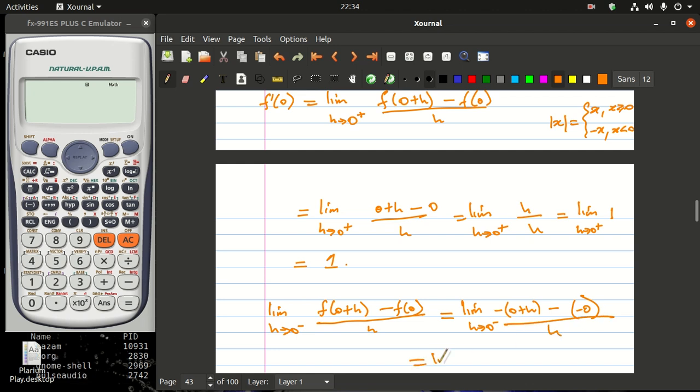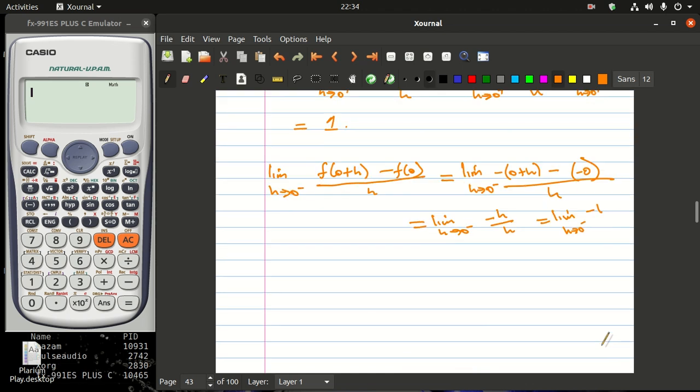Of course, this is going to be the limit as h approaches 0 on the left, and the 0 is gone, so I end up having minus h over h, which is just the same as the limit as h approaches 0 on the left of negative 1. And now this is actually the same as minus 1.